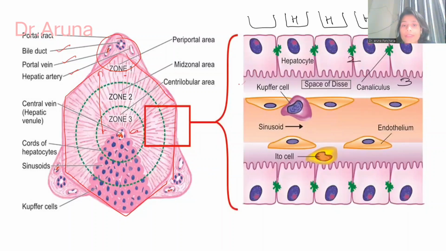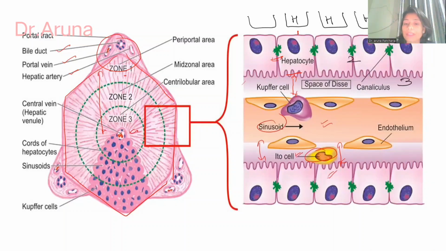In this diagram, you can see the hepatocyte has three surfaces. Number one surface is facing toward hepatocyte to hepatocyte. The other surface is facing toward the bile canaliculi, and the third surface is facing toward the sinusoids. But they are not connected directly with the sinusoids; there is a space between the sinusoids and the hepatocytes, and this space is called the space of Disse. In the space of Disse there are stellate cells, or we can say Ito cells.